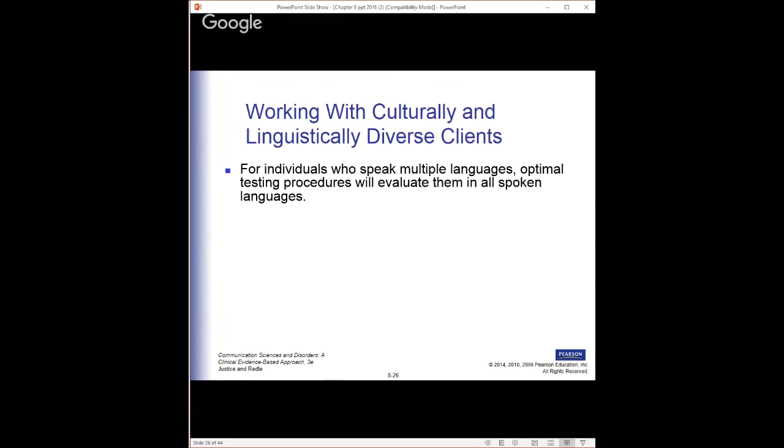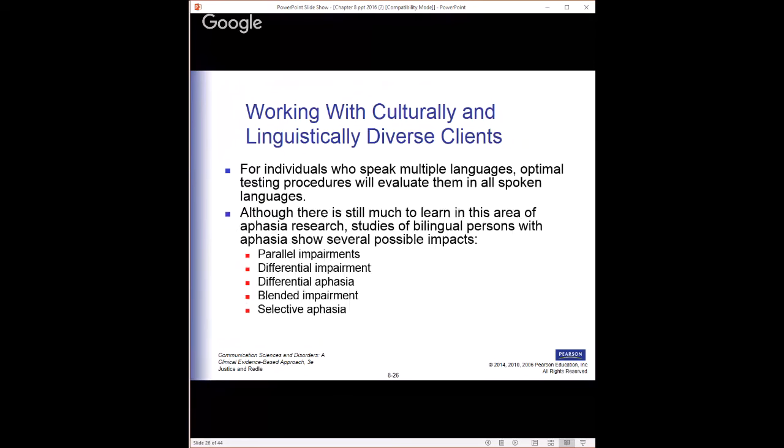This might require the use of an interpreter if the person has any speech at all and is trying to be expressive, because the person might express in their first language, or if English is a second language, they may switch back and forth.